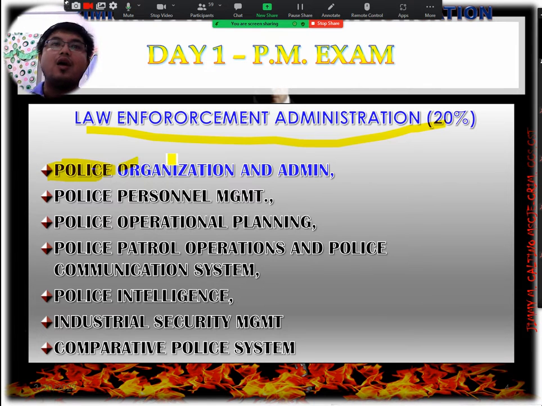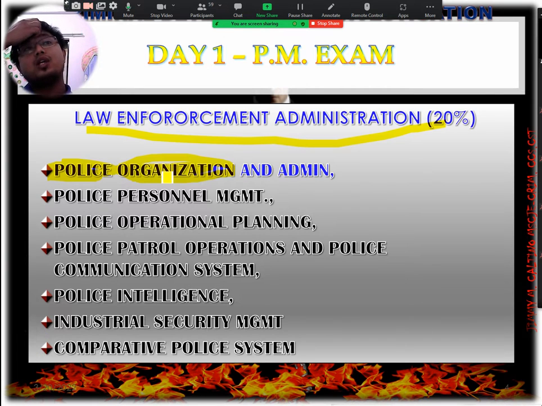Of course, organization, no? You will remember here the organization. What is the organizational structure of the Philippine National Police, okay, or of certain police organization, okay. In our case, the Philippine National Police, who is the highest down to the lowest person, police officers, ranking system, okay.